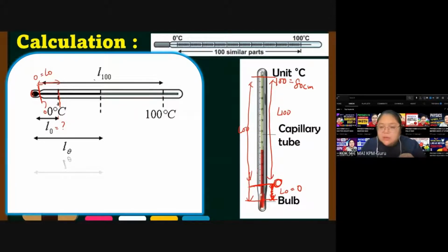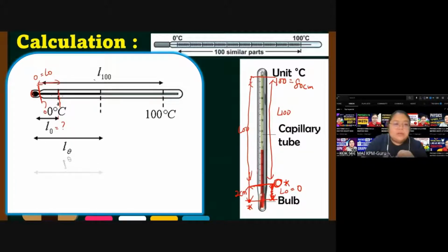If L0 bottom is here, they will show you this part. This one is 2 cm. Then from the bottom until 100. So if they show you 2 cm, your starting point should be here. 2 cm, bottom, starting point up. If they never show you the bottom, 0 is already the starting point, so we start from the 0 until 100.